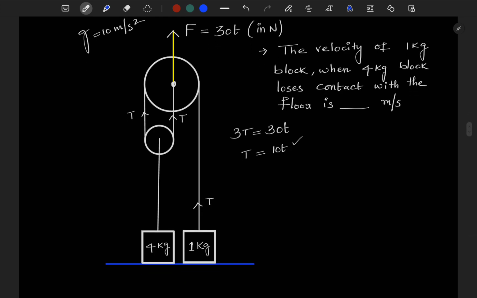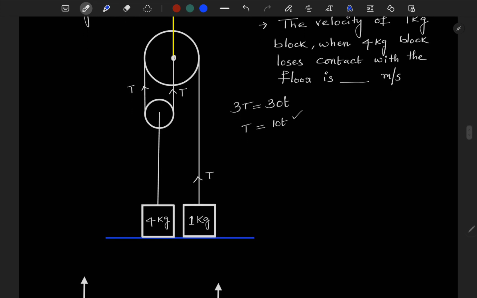If you observe, since 1 kg is lighter than 4 kg, when this pulley is pulled up with force 30t, 1 kg starts rising up first, and after a while 4 kg also rises up. So when the 4 kg block loses contact, the 1 kg would be in motion because it started earlier. So we'll see what is the speed, the velocity of the 1 kg block. So let's start doing that.